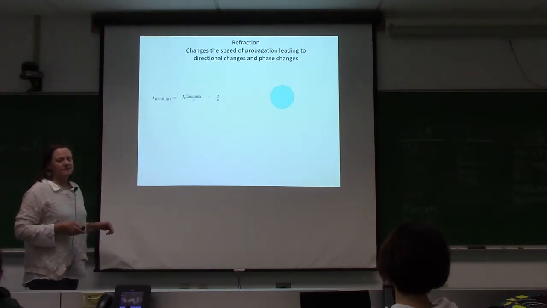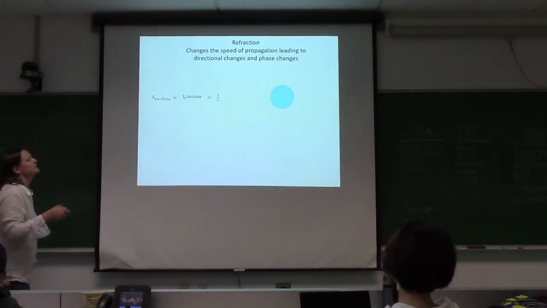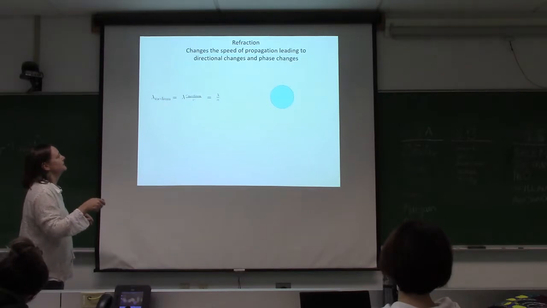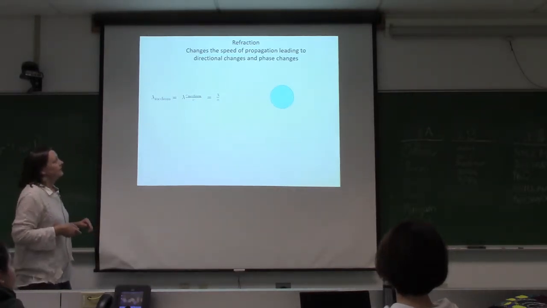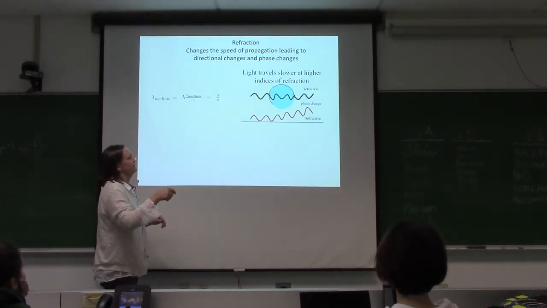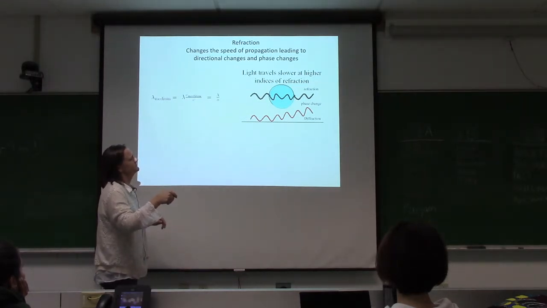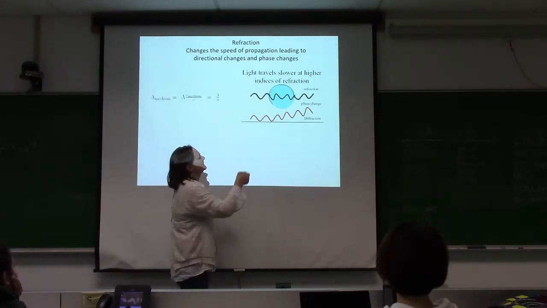Okay, this is probably the worst animation I've ever drawn, and I'm really sorry. So it turns out that the wavelength in the medium is proportional to the wavelength over the index of refraction. And so if we have this particle, we have some wavelength of light coming in, and if this has a higher index of refraction, and imagine it's a perfect sinusoid, the wavelength is shorter than this.